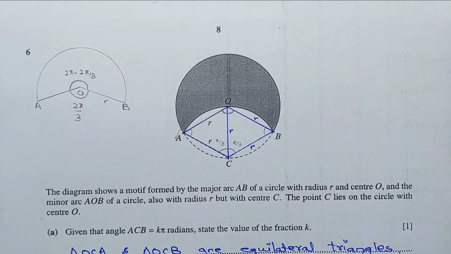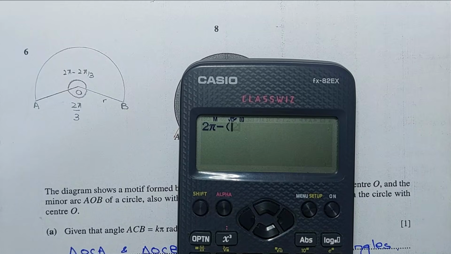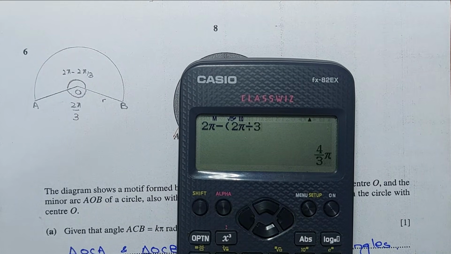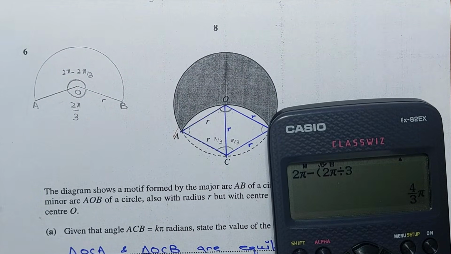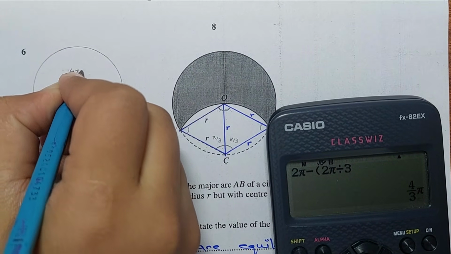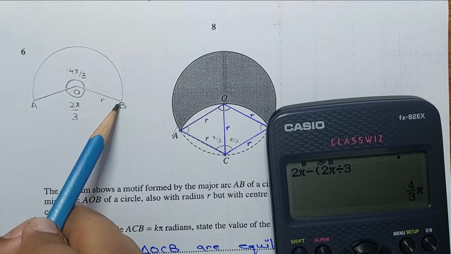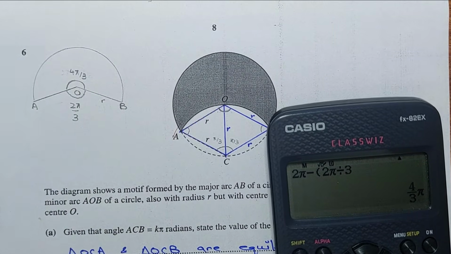So 2 pi minus 2 pi by 3 would be 4 pi by 3. So that angle is 4 pi by 3. The radius is r and theta is 4 pi by 3.